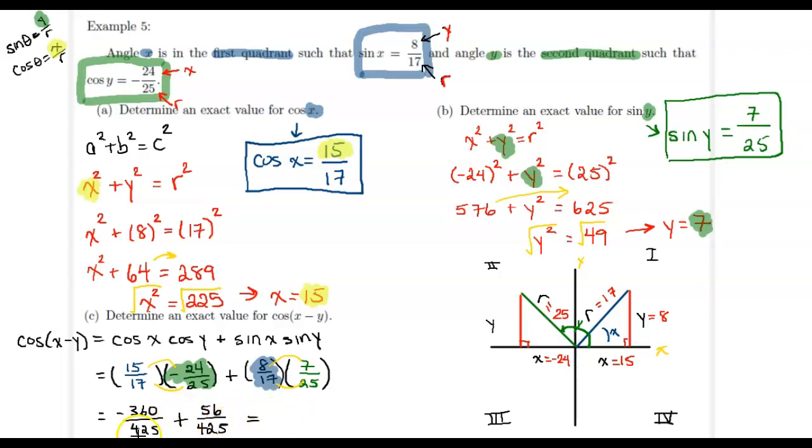If I'm adding these two fractions, they have to have the same denominator, and they already do, 425, so that's awesome. So I can take negative 360, add 56, and I get negative 304 over 425. So that right here is the exact value of cos x minus y.